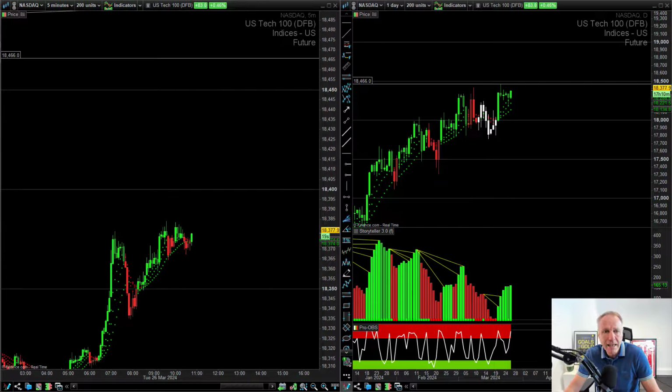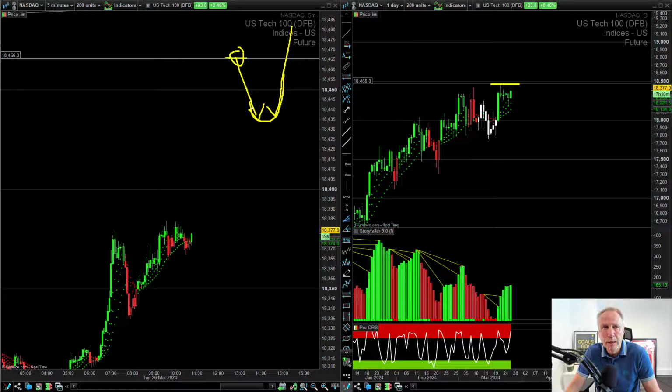When price gets to that area right here, I don't want to buy the market because if I get a buy signal here, it's likely to drop 20, maybe 30 points because it's a resistance area. I want to buy it as it turns around and rallies into that area. So buying around here if I do get a buy signal.